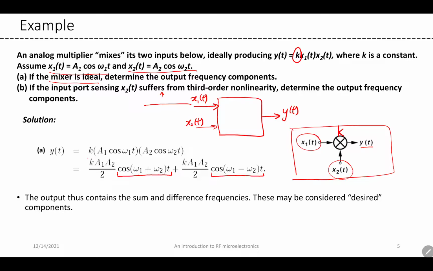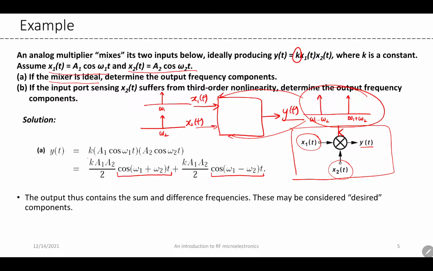Now x1t is at omega 1, x2t is at omega 2, then yt has two components, one at omega 1 plus omega 2 and one at omega 1 minus omega 2. So again, the system is non-linear because yt has components which are not present in the input signals. It's a completely different spectrum than the input spectrum. So yt is definitely non-linear.